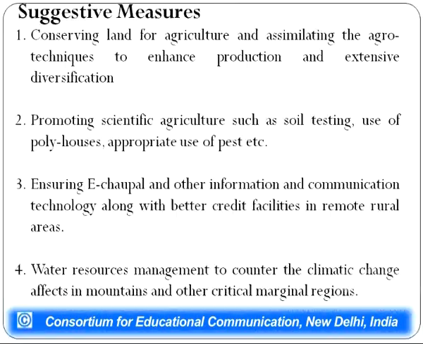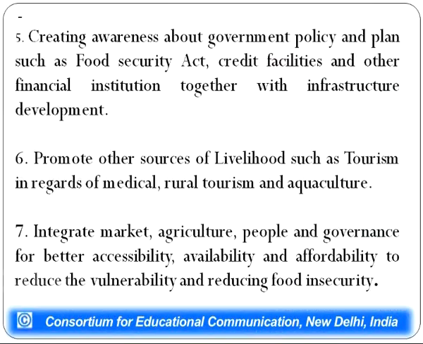Few important suggestive measures I can tell: conservation of land for agriculture by enhancing production and extensive diversification, so that more and more livelihoods; promoting scientific agriculture such as soil testing, use of polyhouses, appropriate use of pesticides, ensuring e-Chopal, water resource management, creating awareness about government policy and plans, promoting other sources of livelihood like tourism for additional income, and integrating market, agriculture, people and governance for accessibility and availability.